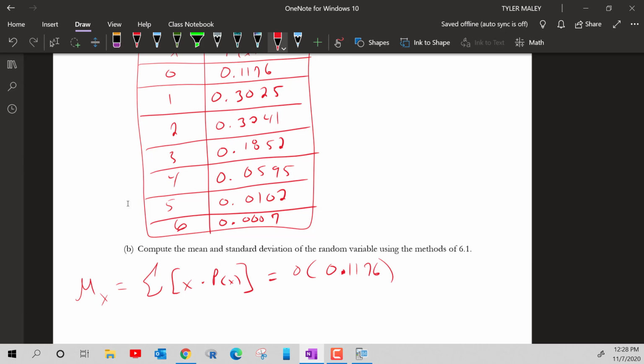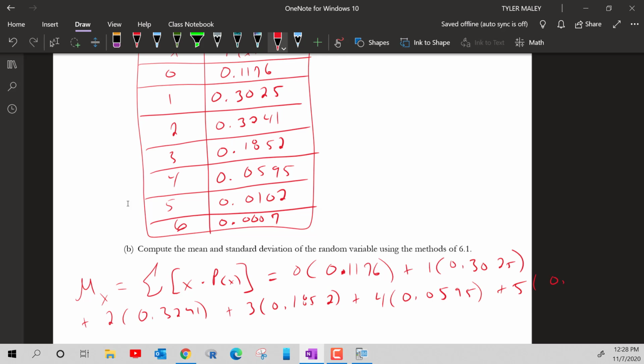There. Then we'd have plus 1 times 0.3025, right? And then plus 2 times 0.3241, plus 3 times 0.1852, plus 4 times 0.0595, plus 5 times 0.0102, and then plus 6 times 0.0007.